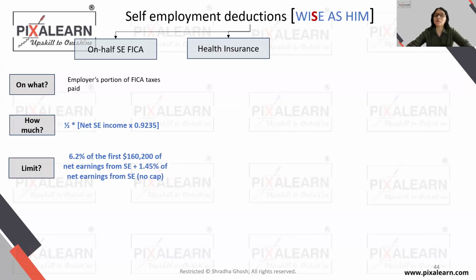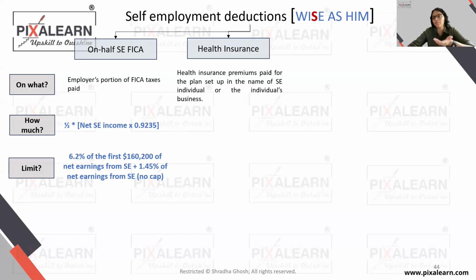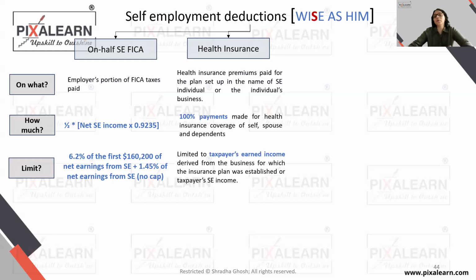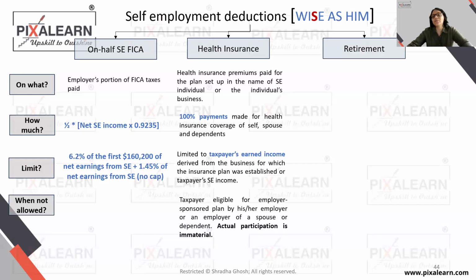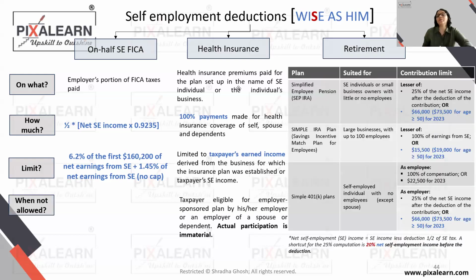So what we say is generally whatever money you're receiving, take 92.35% of that money, and then one half of that will be FICA taxes that you're going to pay as a self-employed person. And this is the amount that gets reported in Form SE, self-employment tax that you have to pay. So as a sole proprietor, you get a deduction for one half FICA, for all the money that you pay for health insurance, as well as the money that you pay for retirement.